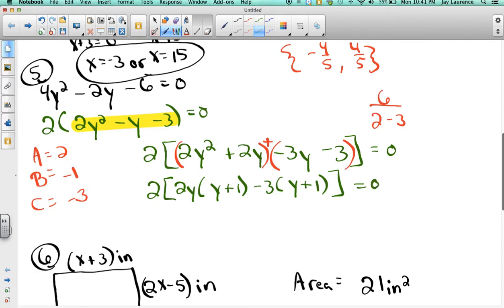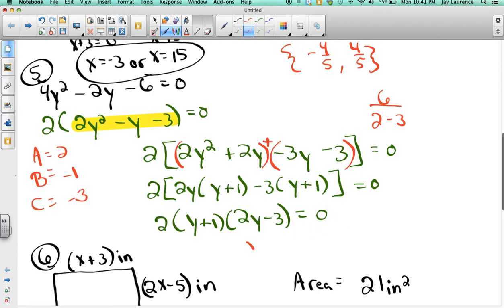That'll equal 0. And then I'm going to get 2 times, factor out the GCF, y plus 1, and 2y minus 3. Now, I have 2 solutions. I don't have to worry about this 2, because there's no variable there.